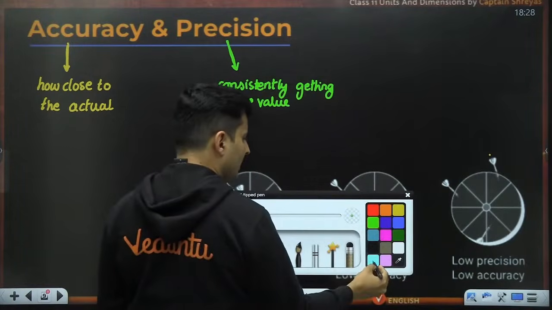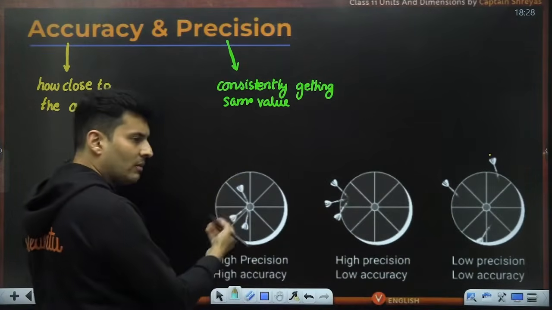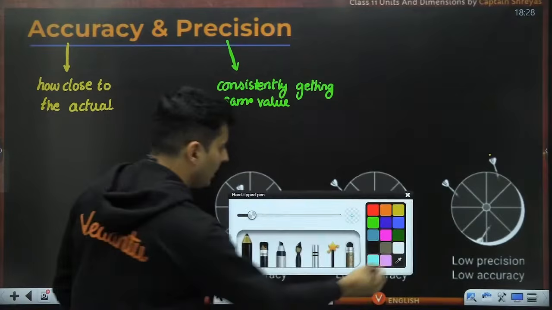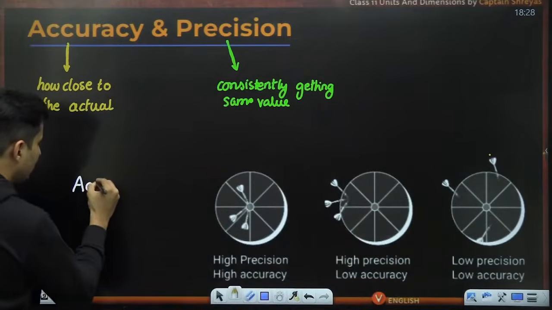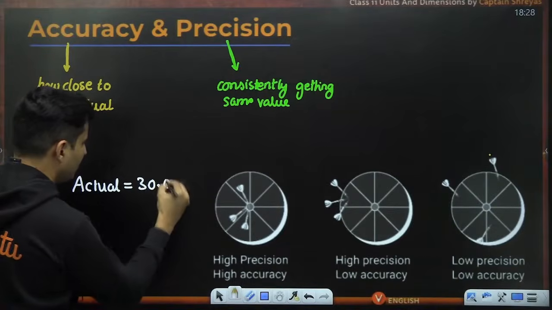So an example of these things would be, for high precision, high accuracy, let's say our actual value is 30.0.